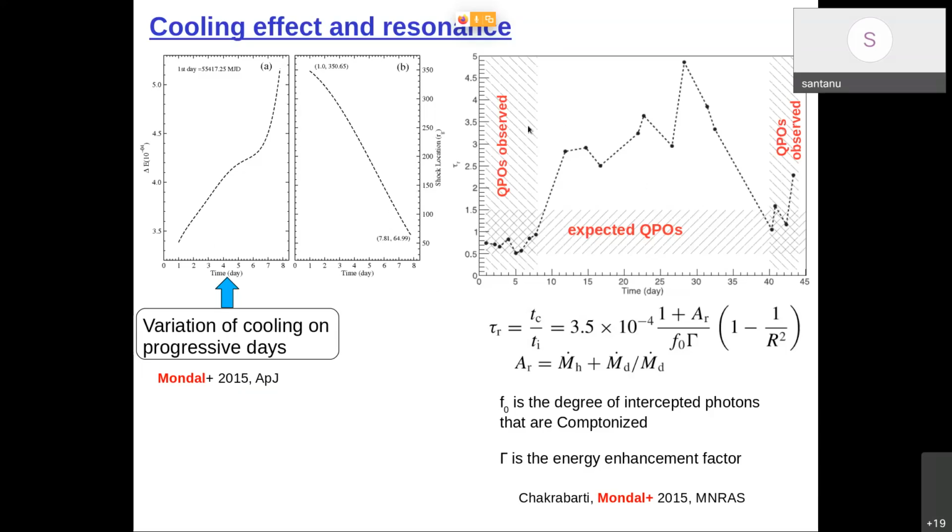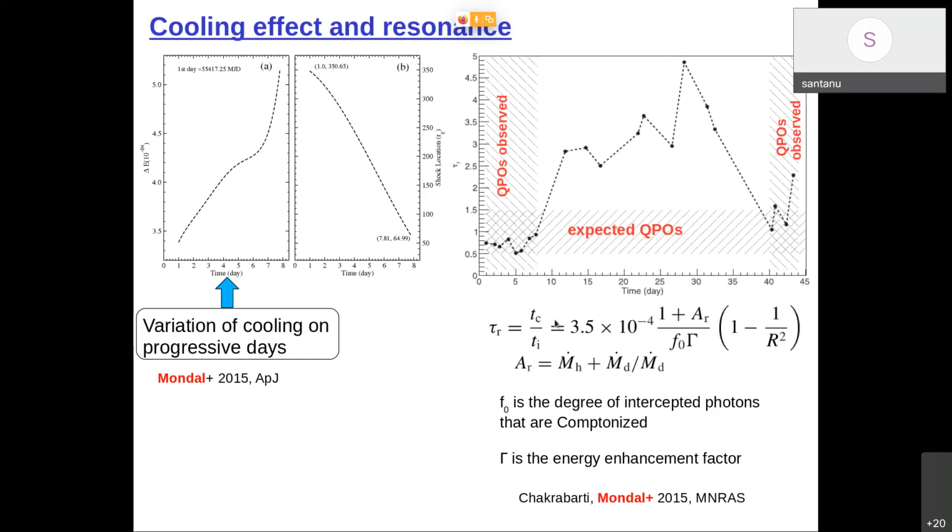The vertical hashes are the observed QPOs, and the horizontal hashes show the expected QPOs. Here Tc is the cooling time scale and Ti is the infall time scale, or the compressional heating time scale.